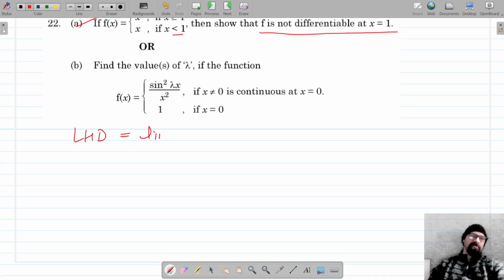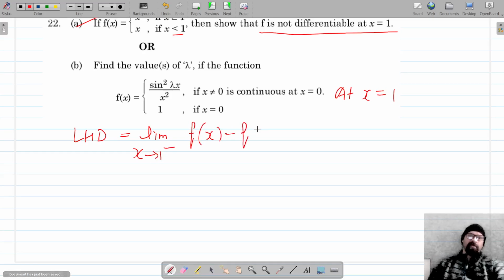So the left hand derivative, and we are doing this at x is equal to 1, is given by the limit x tends to 1 negative of f of x minus f of a upon x minus a.